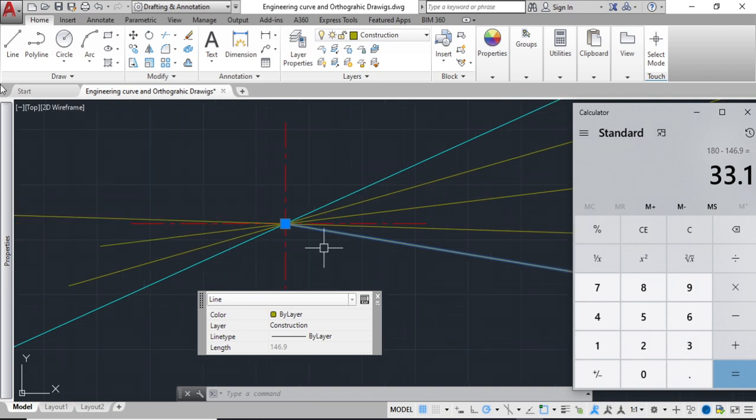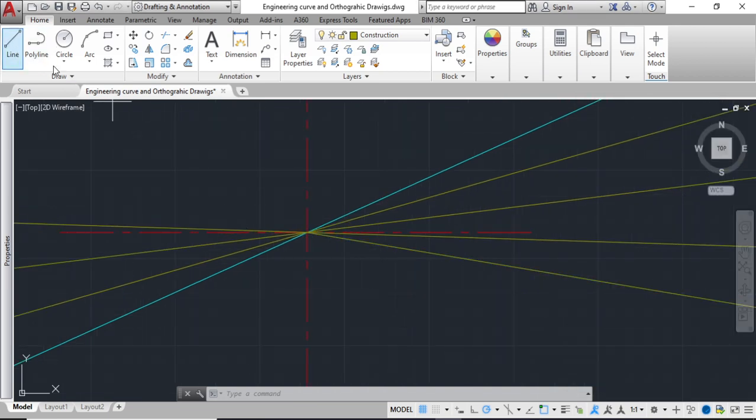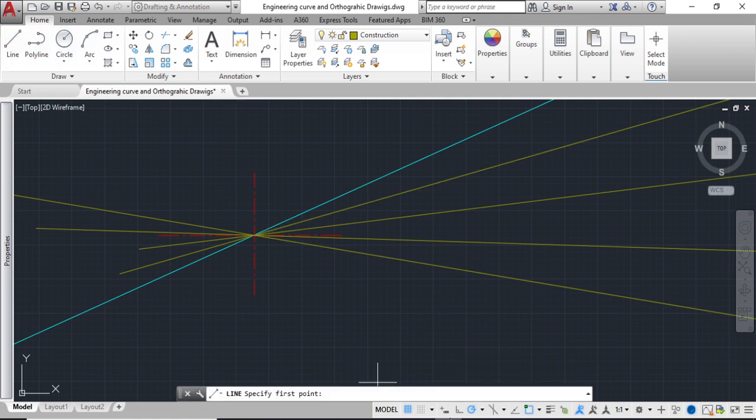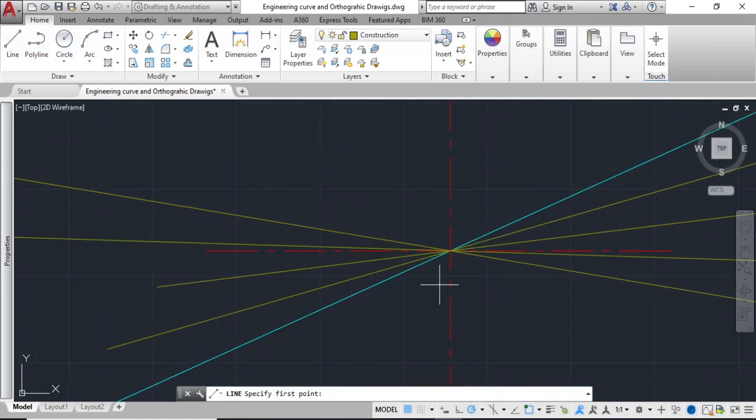Alright, so you need to add 33.1, going in this direction. 33.1, enter. And you notice when you have your polar tracking on and you line up with any of these lines, it turns green. So from this point, as long as you line up with any of the lines, it gives you a signal that you're there. See? It turns green in some fashion. For example, there, there, there, and there.